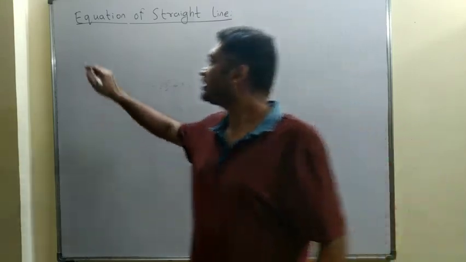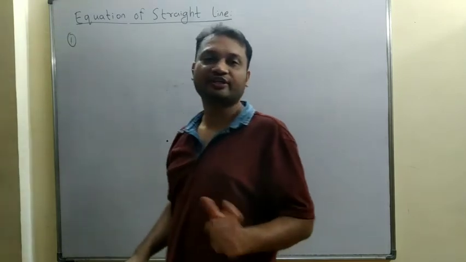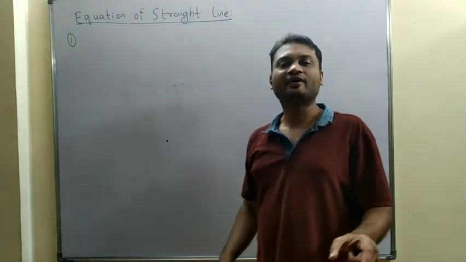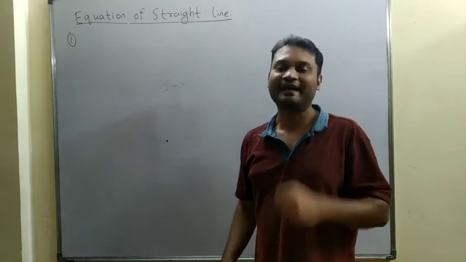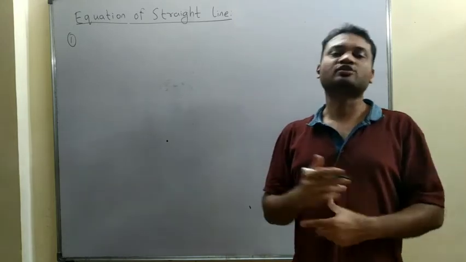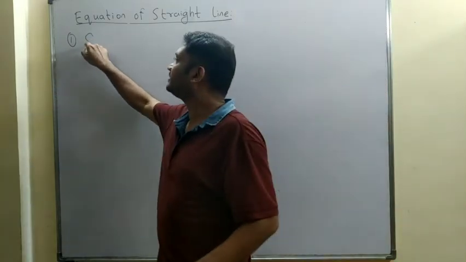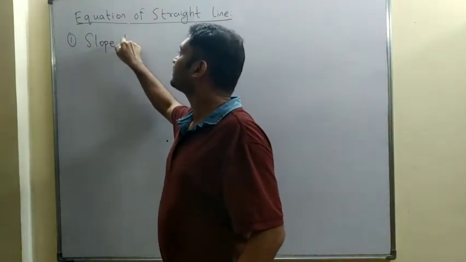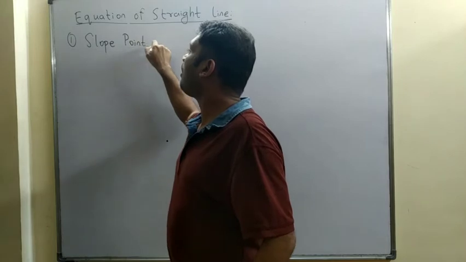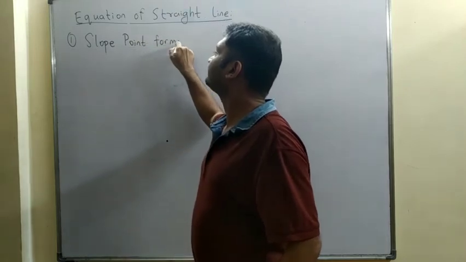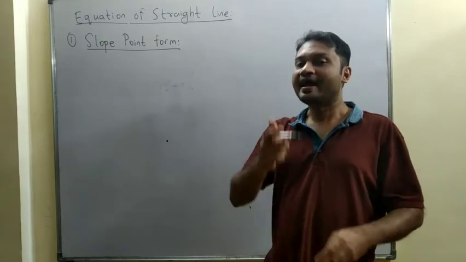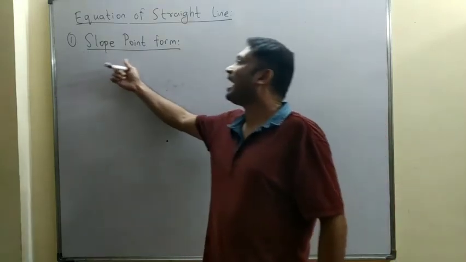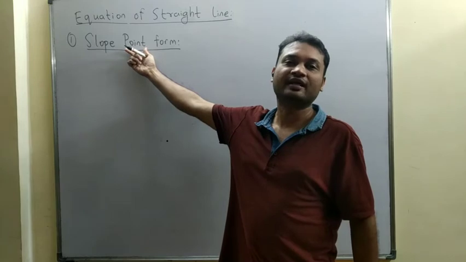Let us first take our first equation of straight line, which is in terms of slope and a given fixed point on that line. This is the slope point form of the given line. We want to derive the equation of the straight line in terms of the slope and a given fixed point on the line.